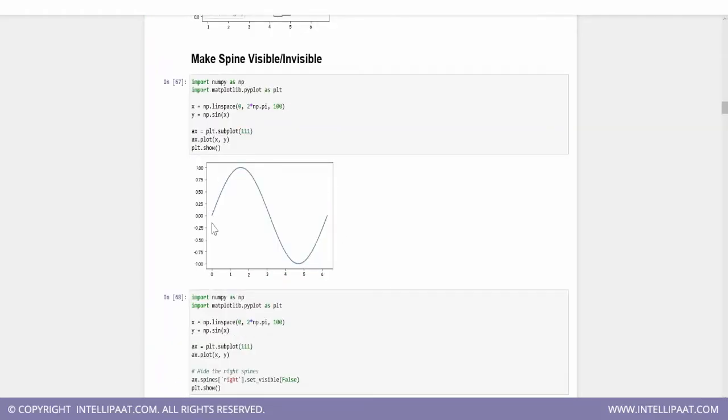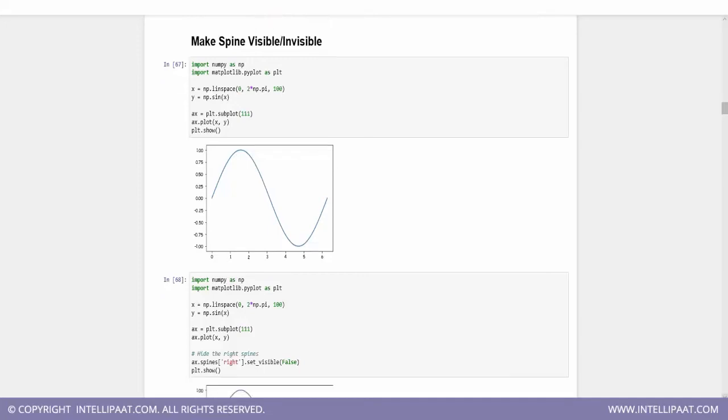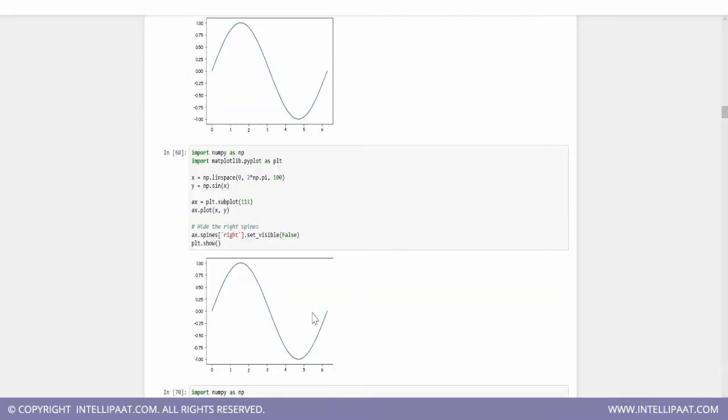Spline: like this you can see in all the diagrams, this box, all four lines are there. If you want to make something invisible, say here what I made is the right spline invisible.